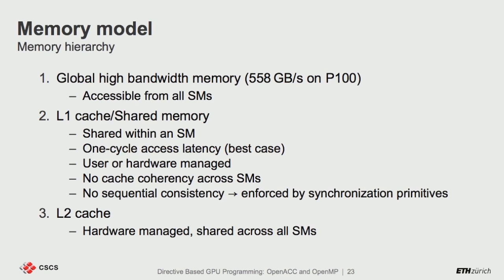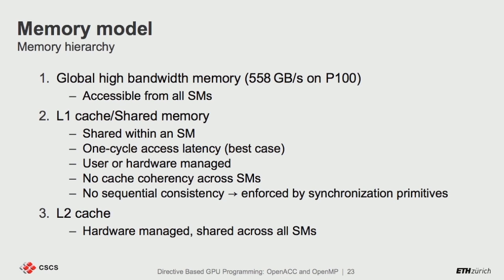That's 32 cycles, which is a lot. Ideally, if they access different addresses or contiguous addresses, then you have the best case. Another thing I didn't tell before, but it's also related here, is that you can only synchronize the threads within a block, within an SM.